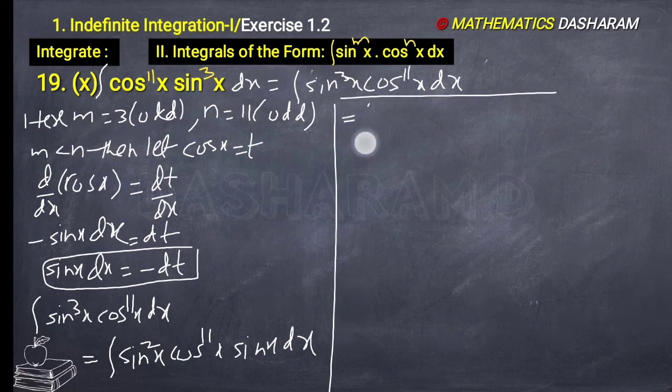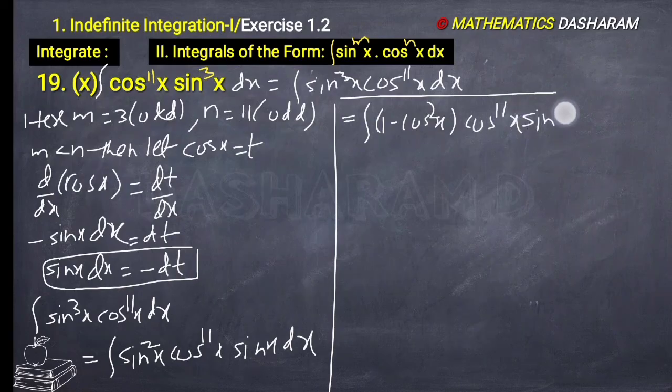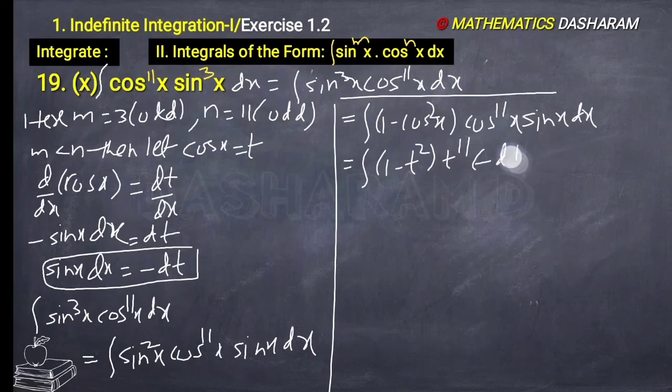So it is equal to integration sin square x, which can be written as 1 minus cos square x, into cos to the power of 11x into sin x dx. Here cos x equals t, so 1 minus t square into t to the power of 11, and sin x dx equals minus dt.